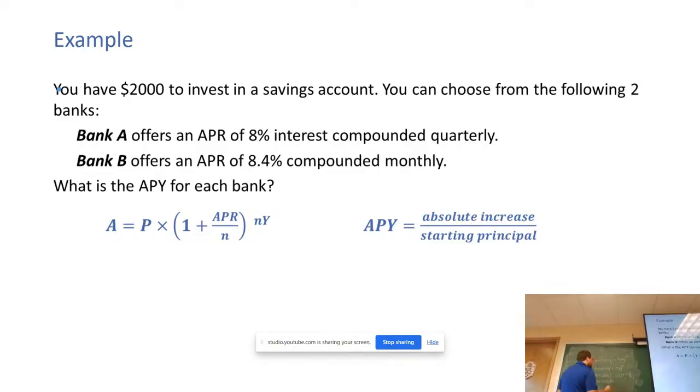So if we started with 2,000, how much did we go up? $164.86. 164.86 divided by the starting amount, which is 2,000. 0.08243, or as a percentage, that would be 8.243%.